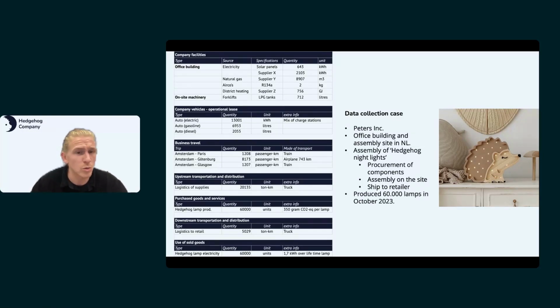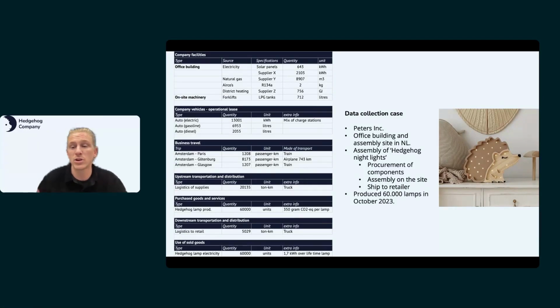And that's also why I was mentioning that when you're going for the Pro version, we prefer to put the input there, because then we are calculating, okay, what are the purchased goods necessary for this specific Hedgehog light, and how many kilograms of CO2 is there per product. So we've calculated for this case that there is 350 grams of CO2 equivalents per purchased goods that are needed for the production of one single lamp.